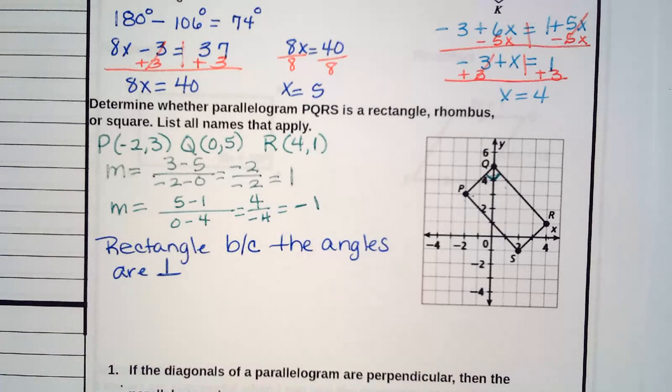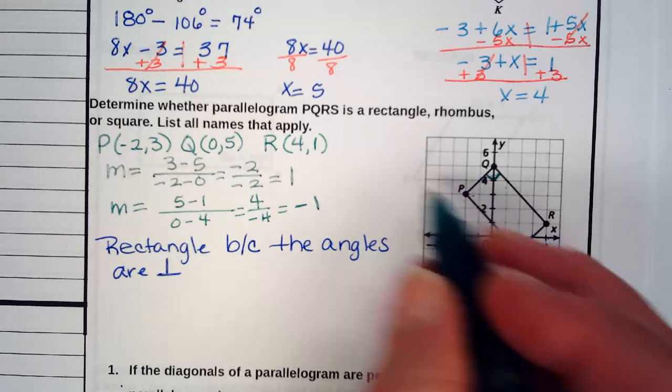Okay, to be a square, we know that the length of all the sides has to be the same. If I'm looking at this, it's fairly easy to determine that the sides are not the same. But we actually use what we call the distance formula to make sure.